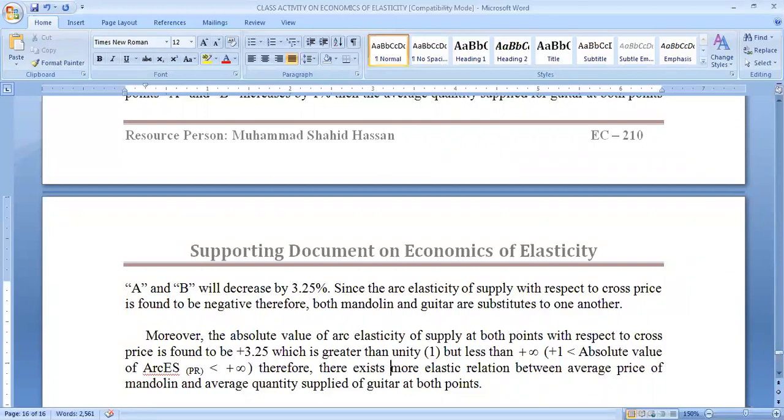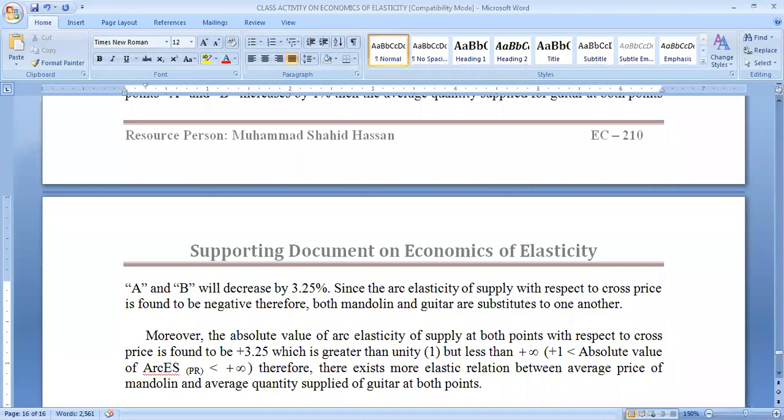So you can simply understand that when average price of mandolin is increased by 1%, average quantity supplied for guitar will decrease by 3.25% since the sign is negative, and since it is greater than unity in absolute terms, that is why it shows a more elastic relation.